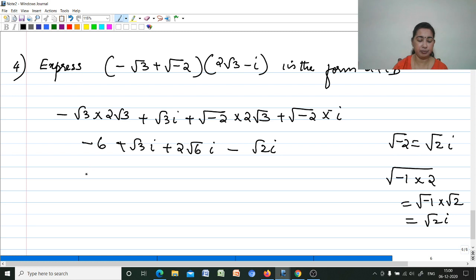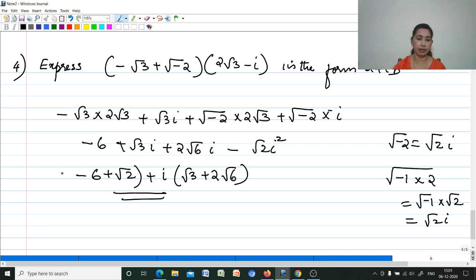Now you can simplify this and write, where all i terms are there, here it is i square. So where all i terms are there, we have to write it together. Where all constant terms are there, real and imaginary, we have to split and write. So that is minus 6 and the last term is i square. i square is minus 1. So minus of minus is plus root 2. And here plus i into root 3 plus 2 root 6. So now the real part is this one and the imaginary part is the second part.